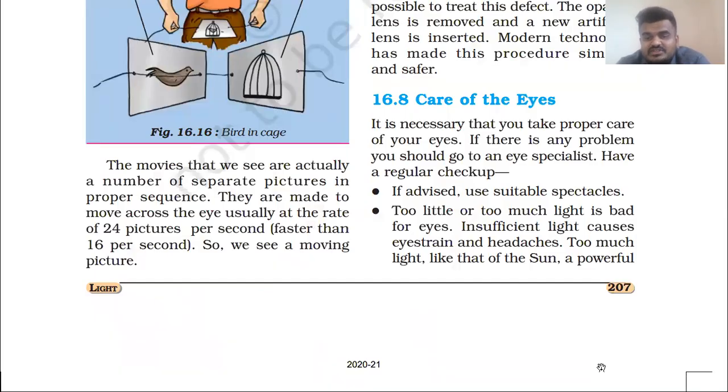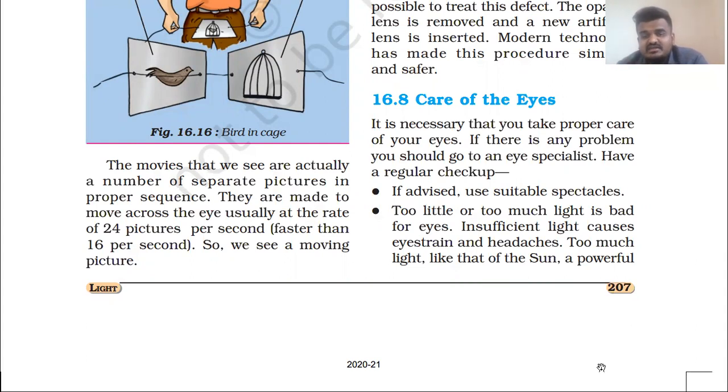Too little or too much light is bad for eyes. It simply means if the light is not proper. If light is too low, then also it is bad for eyes. And if the light is too much, or very bright, then also it is bad for our eyes. Insufficient light causes eye strain and headaches.